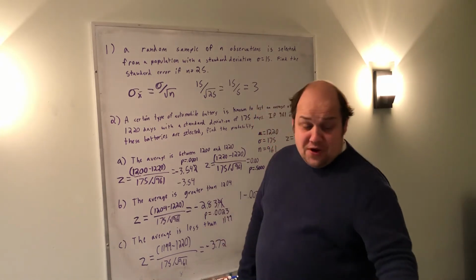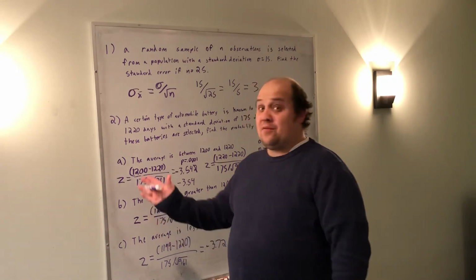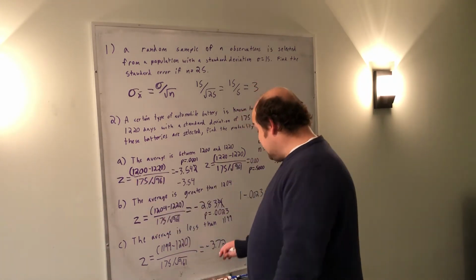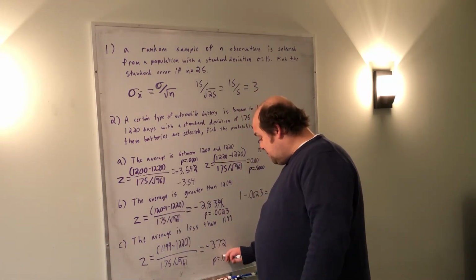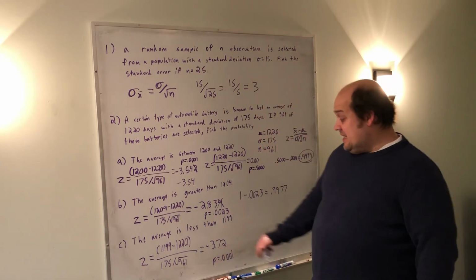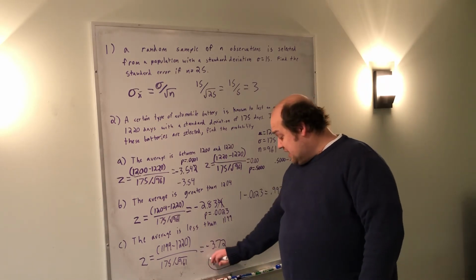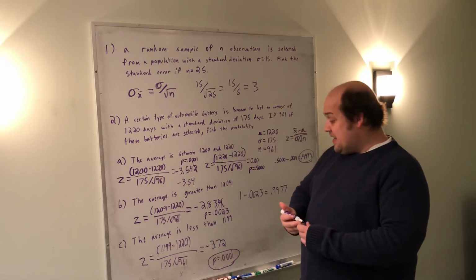Again, this is so far negative that it's off my sheet. So really anything that's negative 3.49 or greater, we say has a p-value of p equals 0.0001. In this case, since it's a less than question, I don't have to do anything more to it. Just the table value is the correct answer here.